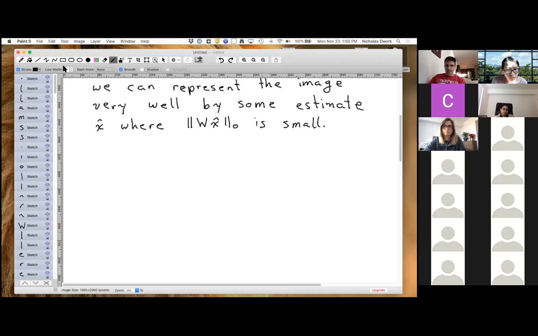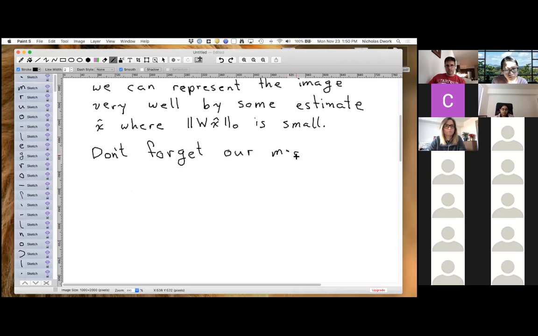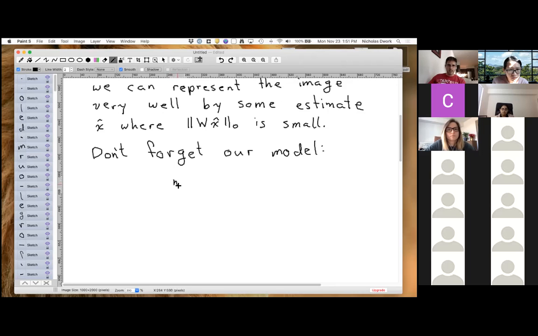Okay, so we have our model. Don't forget our model. I'm going to forget about the sensitivity maps for now. So we have our image. We're going to take the Fourier transform of it.